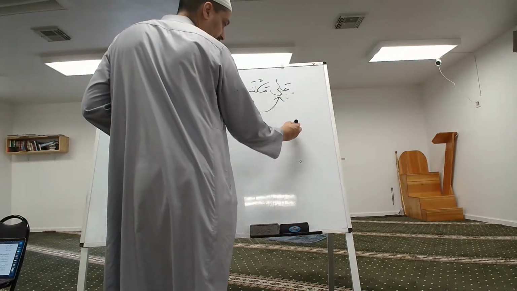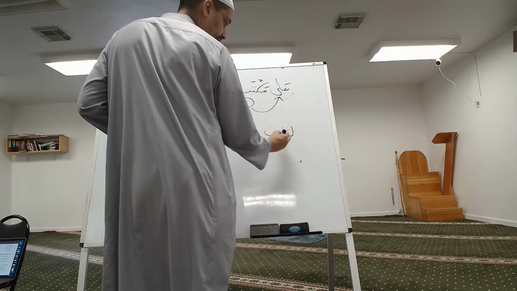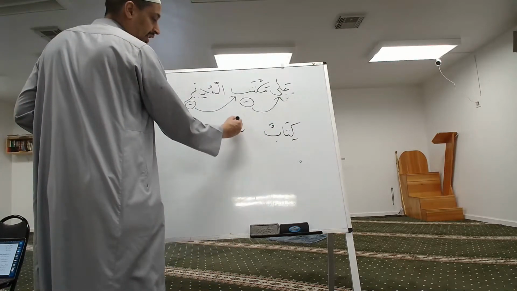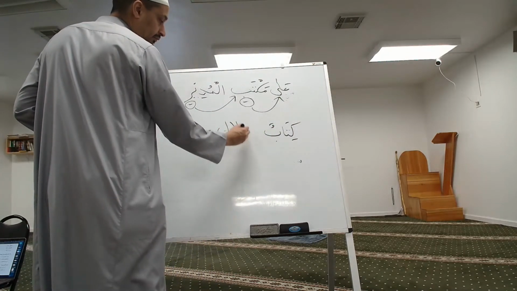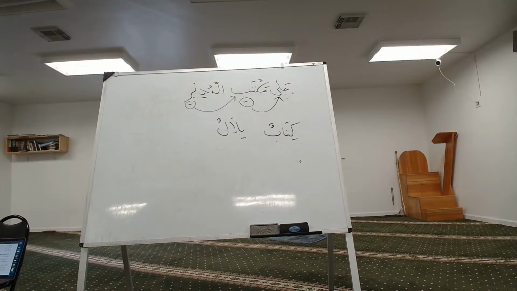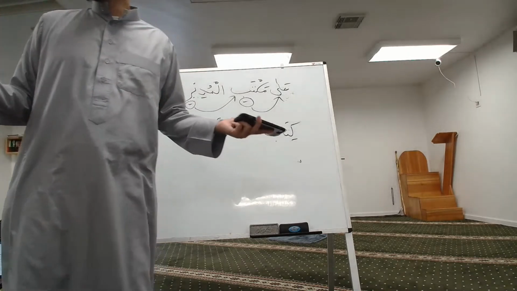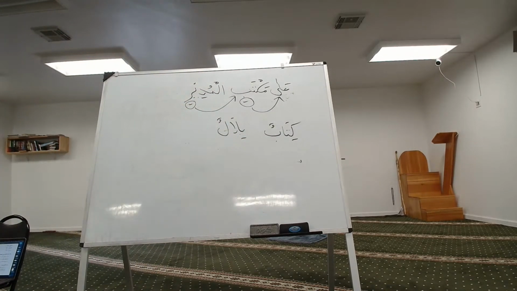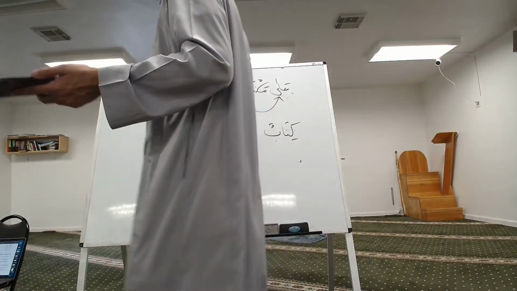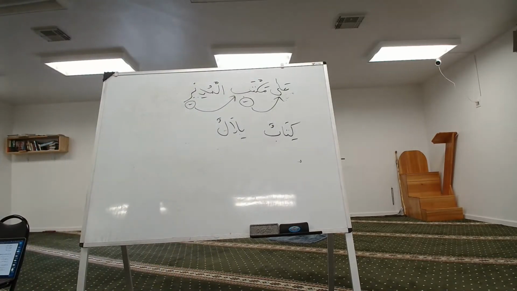So something simple. You have kitabun, right? And then you have a name, Bilalun, right? But you want to make this Bilal's book. How do we make kitabun and Bilalun? Because this on its own means book. Bilalun on its own is just a name, Bilal. But how do we construct this sentence so it becomes Bilal's book, right?